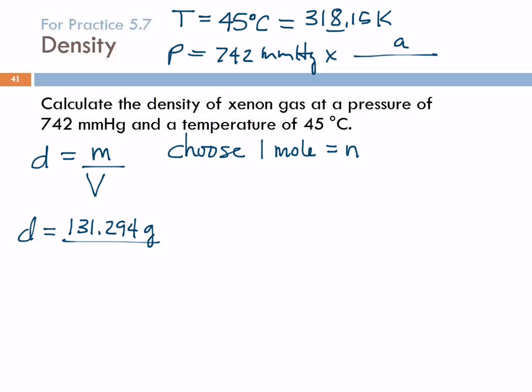I need to put it into atm. 1 atmosphere is 760 millimeters of mercury. So 742 divided by 760 is 0.97632 atmospheres. Yeah, I underlined the wrong one. There we go.